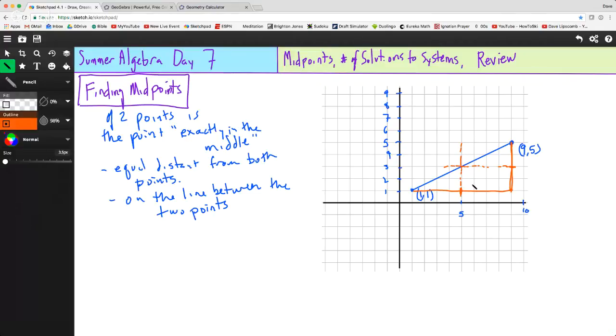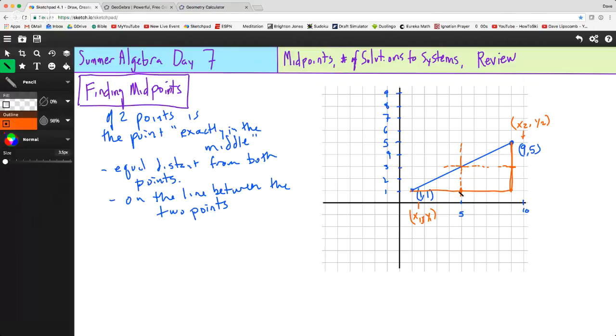And what have we done? Well, this x point is halfway between 9 and 1. This 9 is the second point's x coordinate, and 1 is the x coordinate of the first point. 5 is halfway between 9 and 1, right?